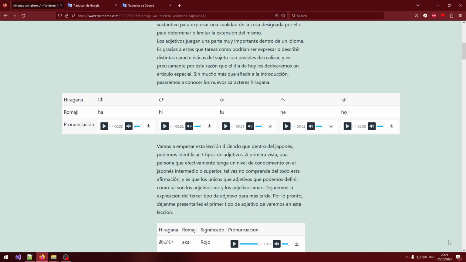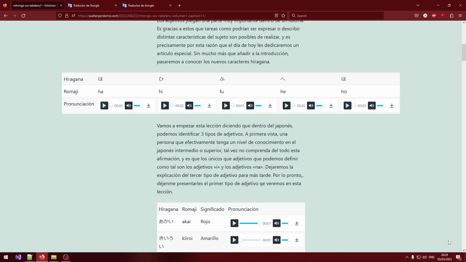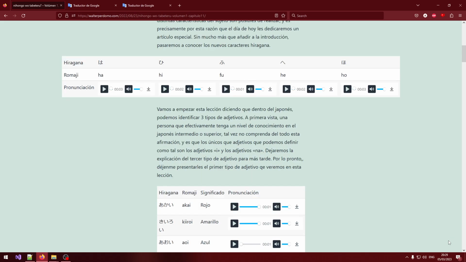I'm not sure if that's 100% of the cases, but I would say so. 黄色い, kiroi. So akai is red, the color red, and kiroi is yellow. Then we have 青い, aoi, basically blue. And that's it.